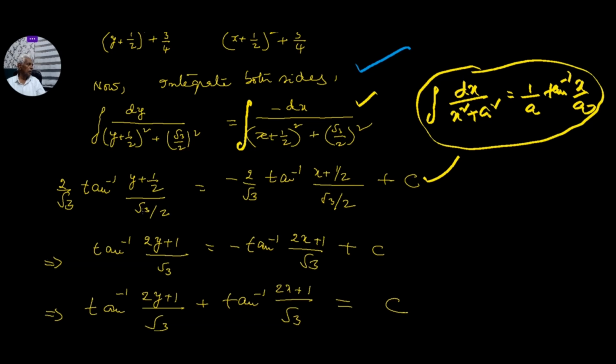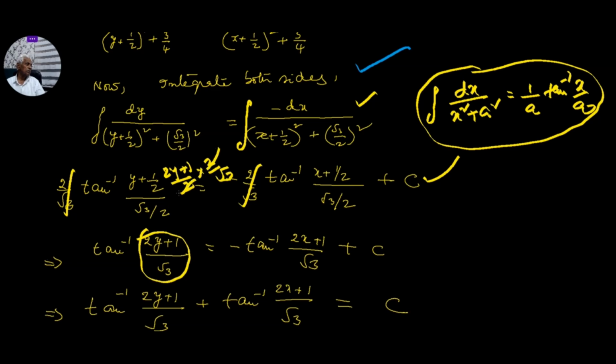Okay? Now, this whole thing implies, this gets cancelled, tan inverse (2y plus 1) by 2, this 2 gets cancelled. Tan inverse (2y plus 1) by root 3, finally you are going to get this one, because (y plus half), that is (2y plus 1) by 2, times 2 by root 3.